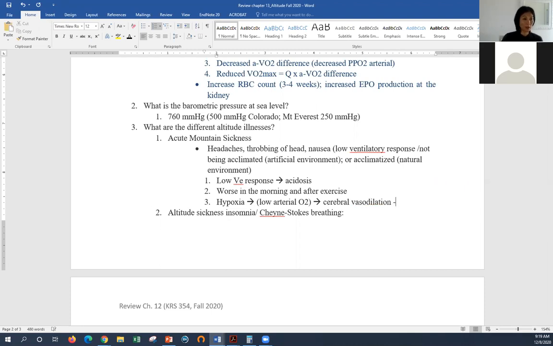And as I mentioned up here, the throbbing of the head, right? This is going to result in the sensation of feeling the throbbing in the head, but it's really your stretch pain receptors that are telling you that there's throbbing.